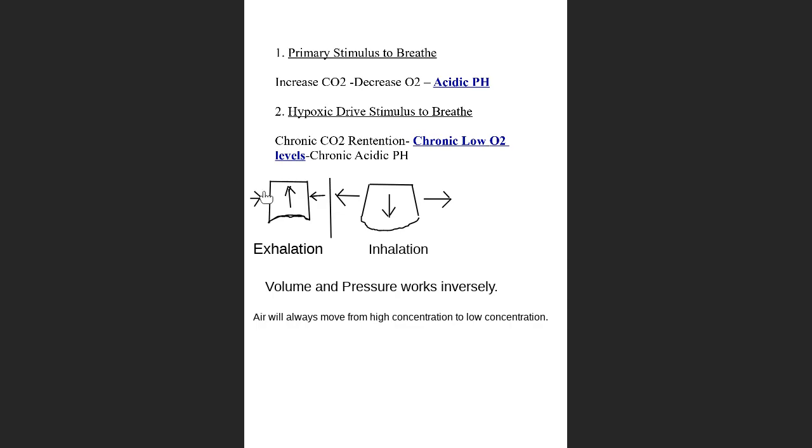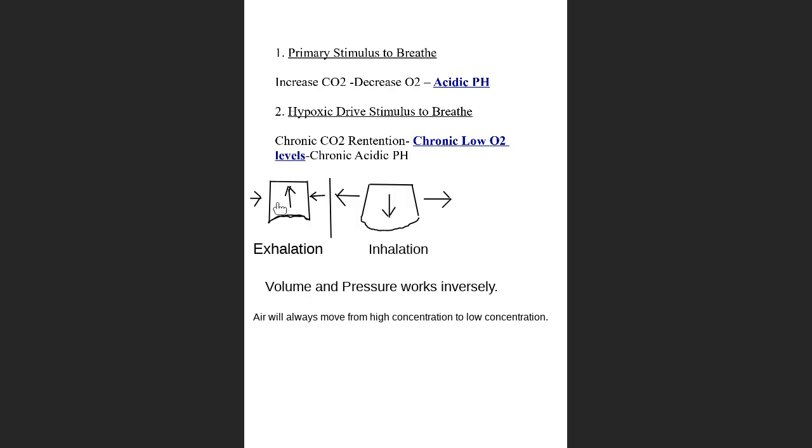And when that occurs, the size of the thoracic cavity decreases. So the volume of the thoracic cavity is going to decrease, which causes an increase in pressure inside the thoracic cavity. And that results in air being pushed out of the lungs.